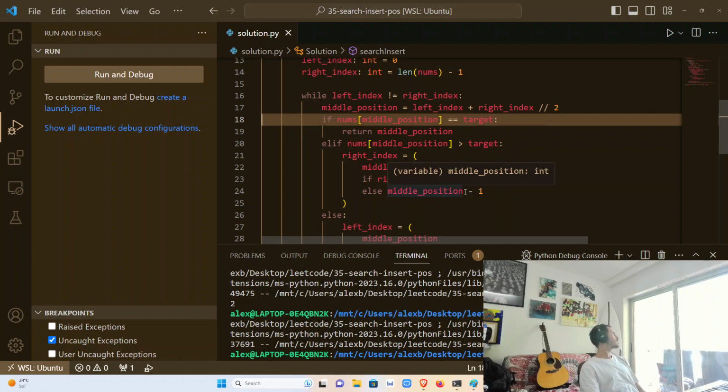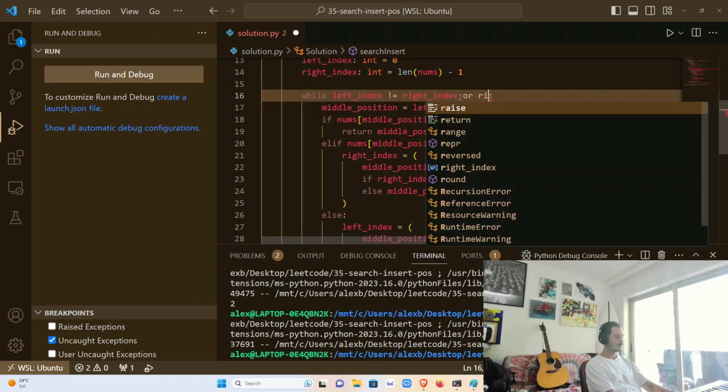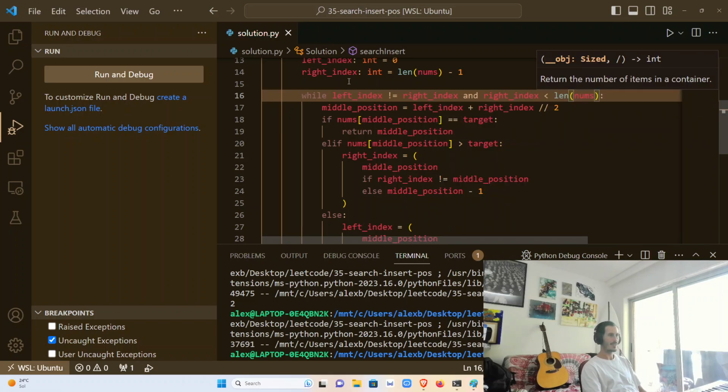Yeah, of course. If for right index, and right index is smaller than length of nums.